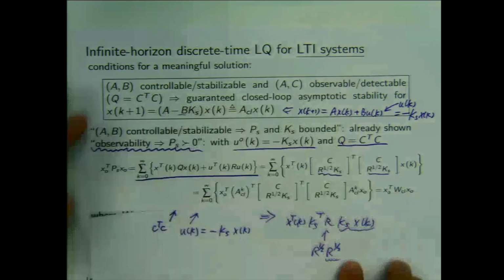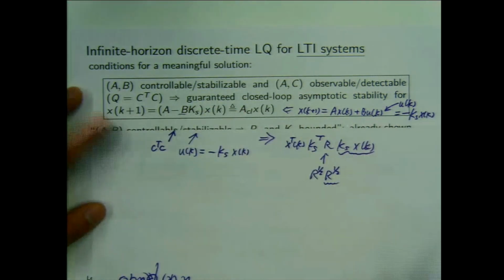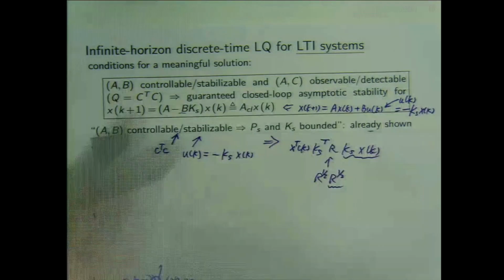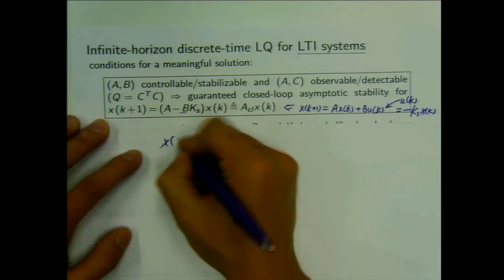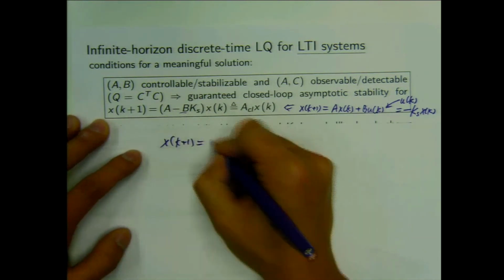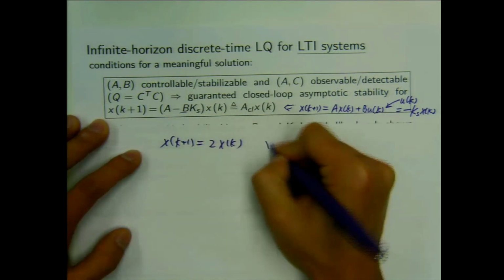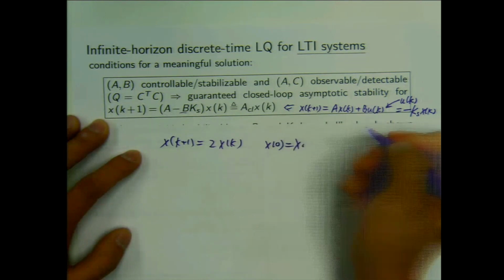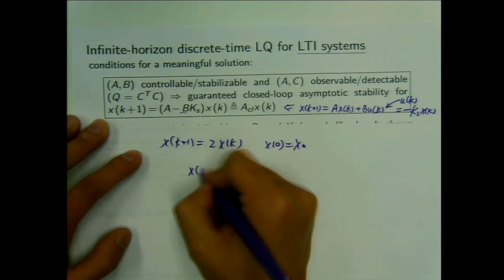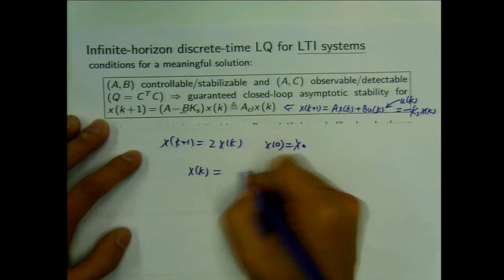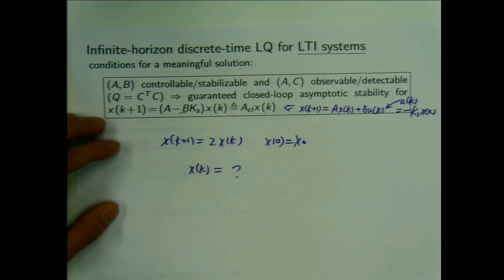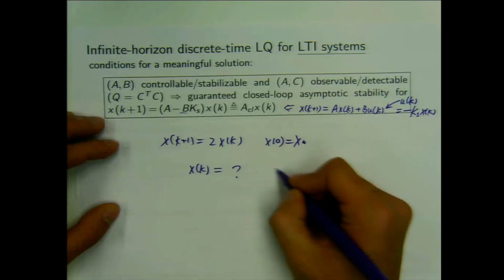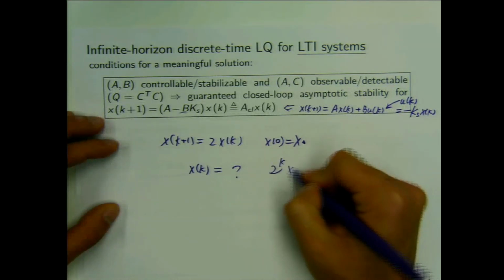So the question is, let's say, take one more simple example. If x_{k+1} is 2 x_k, initial condition is x_0, what's the mathematical formula for x_k? 2 to the power of k times x of 0.